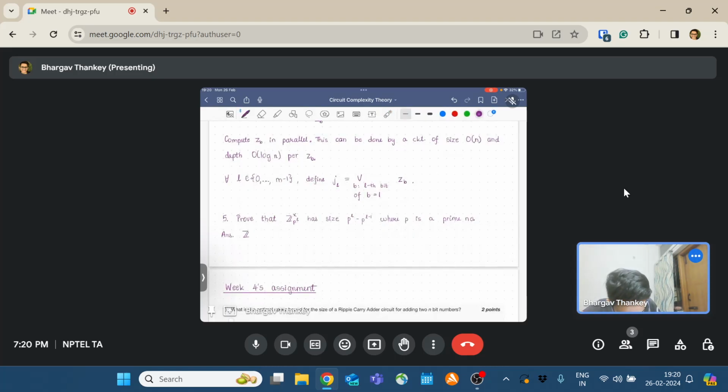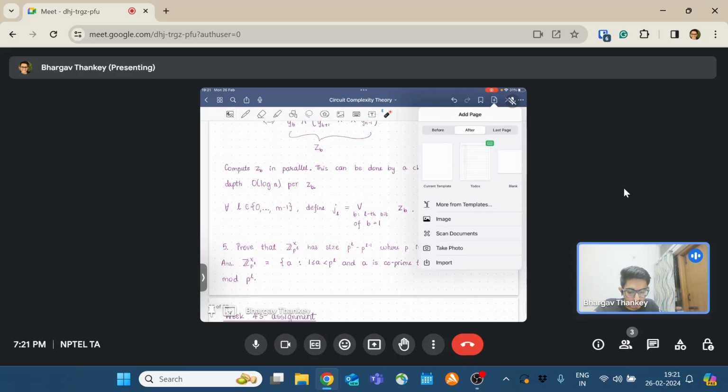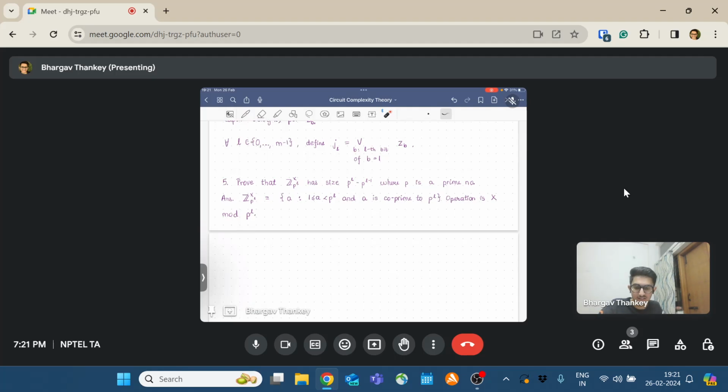So it is the set of all numbers which are co-prime to P to the L, and the operation is multiplication mod P to the L. First of all, do you know why this is a group, or should I prove that?